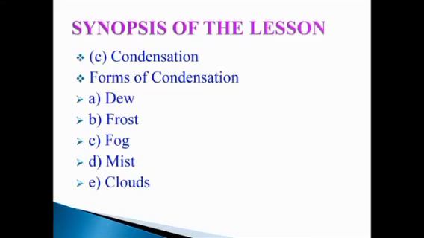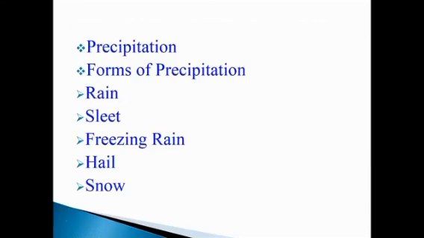Synopsis of the lesson. In this session, we are going to see the following topics. The first one is condensation. Next, we are going to see forms of condensation. Under this, we have dew, frost, fog, mist and clouds. Then we are going to see precipitation, and forms of precipitation.